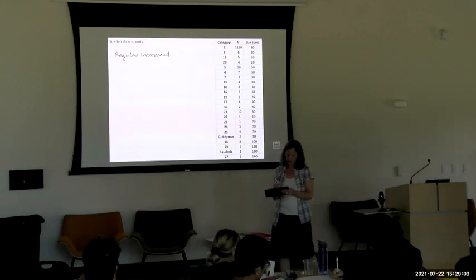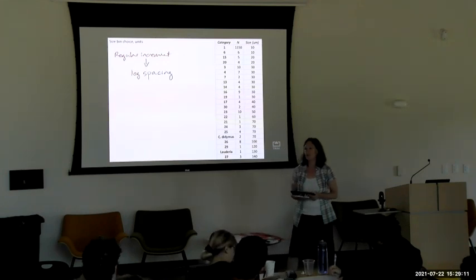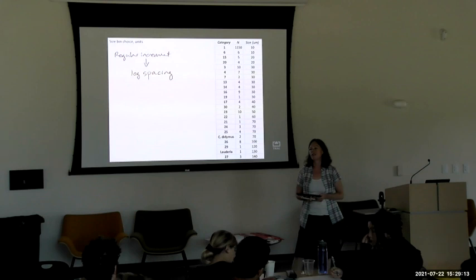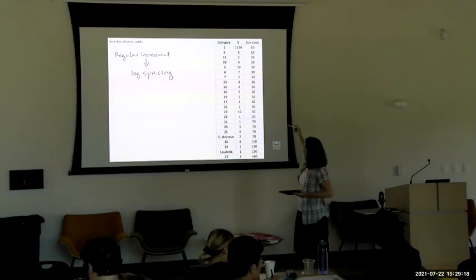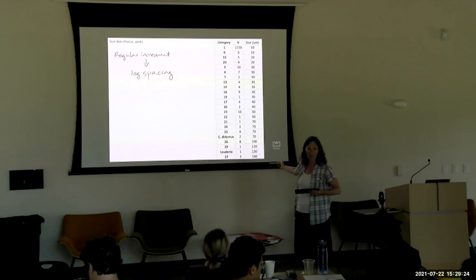Okay, so maybe regular increment or use a log spacing. Why would you want to use a log spacing? There's a huge range of values. So we've got our smallest things, there's a whole bunch of them, and maybe there's fewer of them as we get to larger and larger sizes.